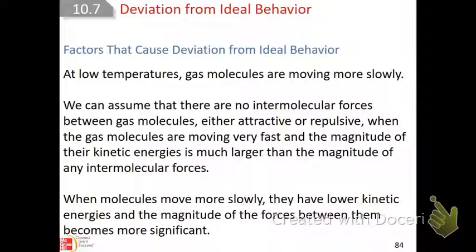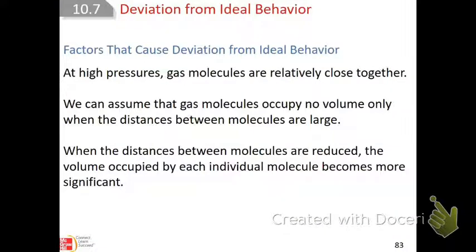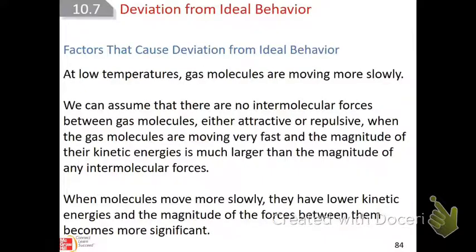At low temperatures they're going to be moving more slowly. So you want to make sure that you have high temperatures and low pressures. High temp, low pressure. That is when a gas behaves most ideally. I will expect you to know that for your test.